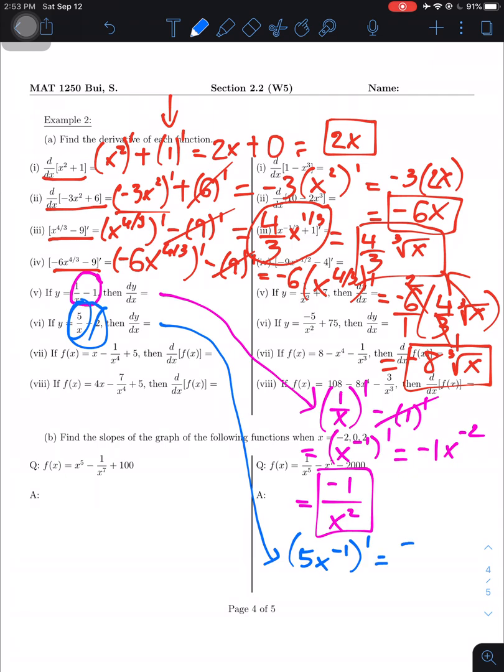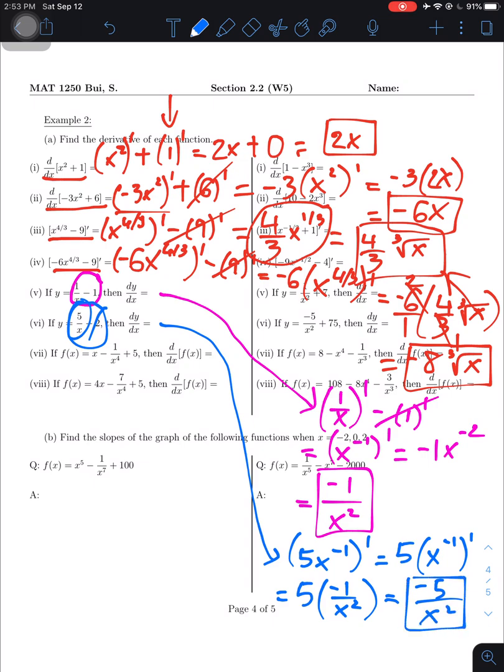We're gonna set the 5 aside, and then we're gonna have to focus on the derivative of x to the negative 1, right? And if we go ahead and we do that, just like earlier, we know that the derivative of x to the negative 1 equals negative 1 divided by x squared, right? So putting everything together, the answer in here is negative 5 over x squared. And we're done.